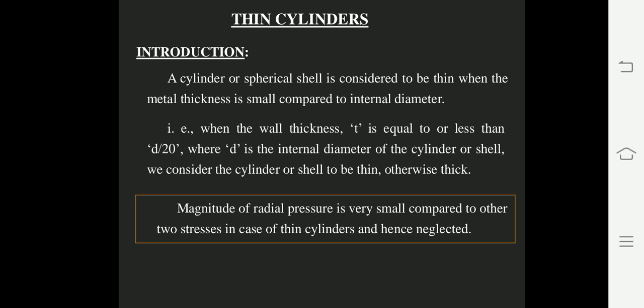The best example I have shown here: when the wall thickness t is equal to or less than d by 20. Here d means the smaller diameter, the cylinder's inner diameter. The outer diameter will be capital D and the inner diameter will be small d.